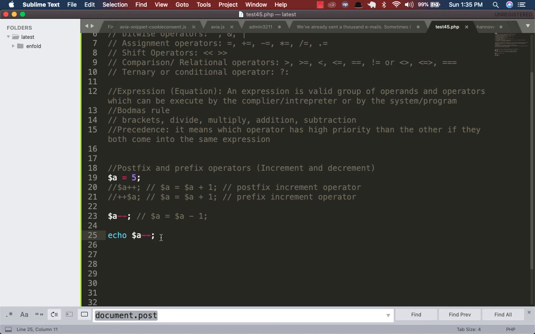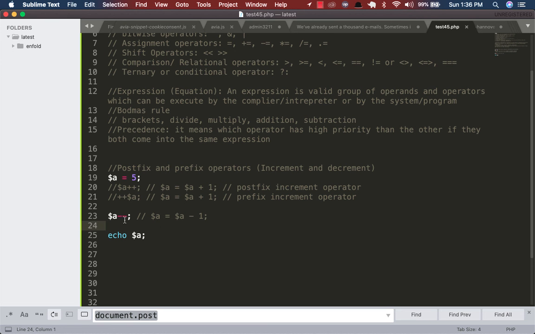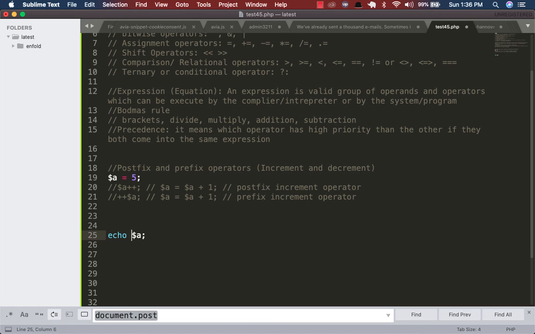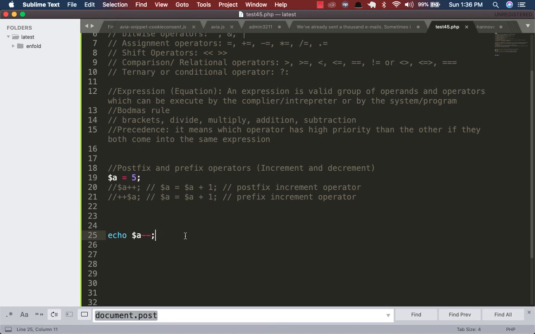Showing the value 4. If I use the prefix form, it becomes 4 again. Now if I use the postfix decrement operator, refresh it again, it's 4. So this is the main use of increment and decrement operators.